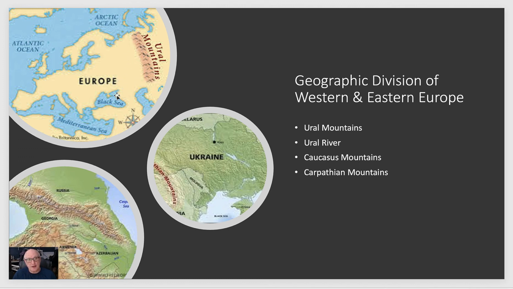And then down by the Black Sea, near the Mediterranean Sea and the Caspian Sea, we have the Caucasus Mountains and the Carpathian Mountains. They all represent geographical barriers from west to east. And we can see through the migration and the settlement over centuries how important those geographical divisions were.